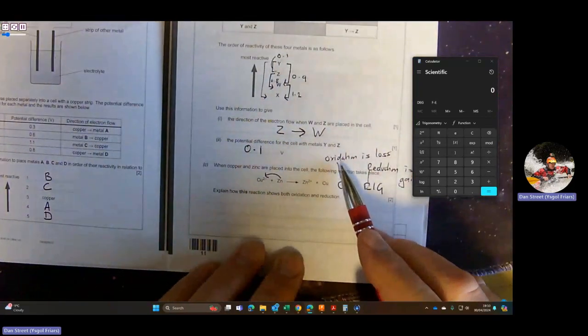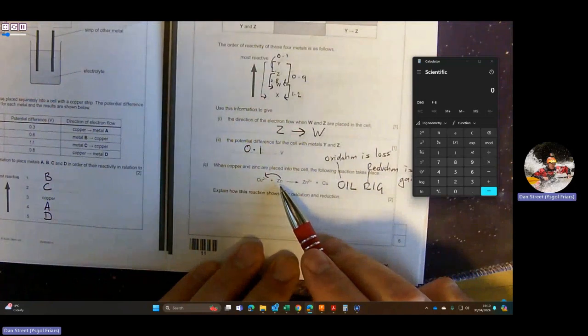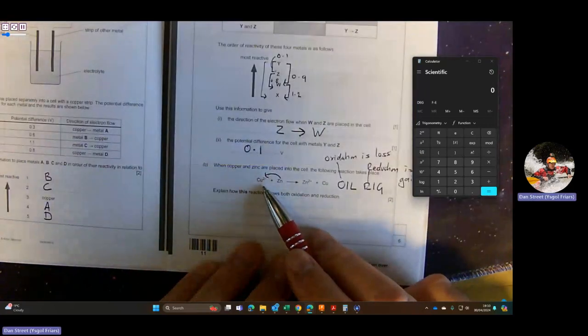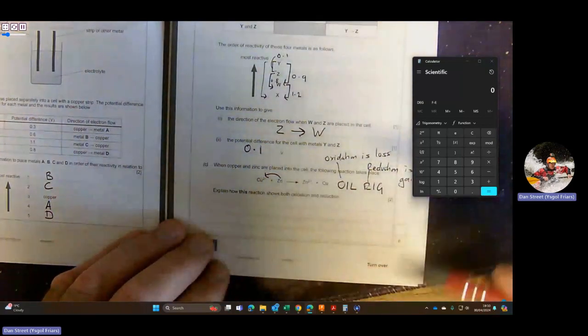So the species that has lost electrons, zinc, has been oxidized, and copper has gained electrons, so it's been reduced.